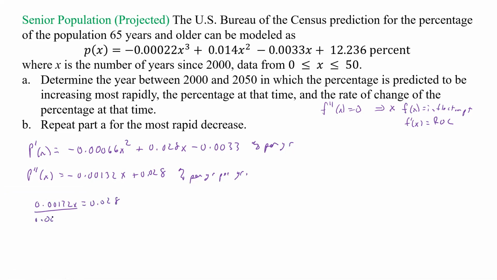Divide by that. And if I plug that in a calculator, 0.028 divided by 0.00132, I get 21.212121. So x equals 21.212121, and so on.